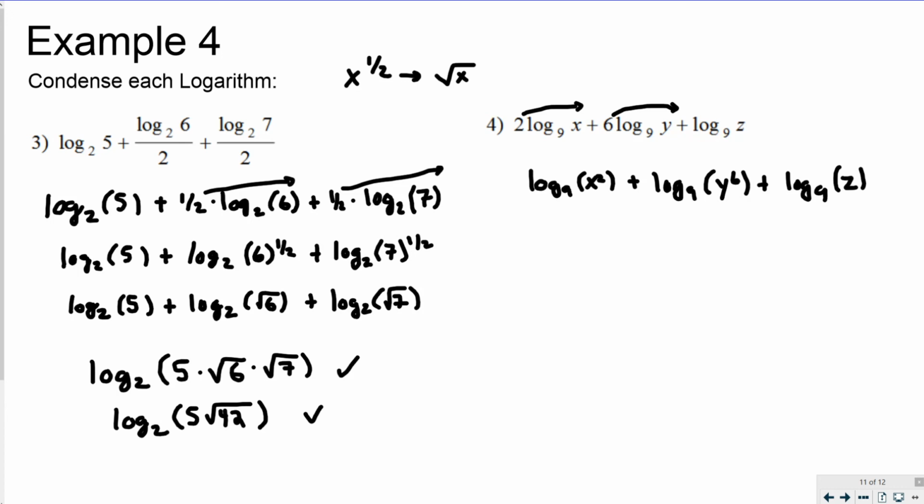So I'm going to go ahead and then use the product rule to write them as one single product. So it will be log base 9 of x squared times y to the 6 times z. And that would be a finished, completed simplification, and we condensed our logarithm fully.